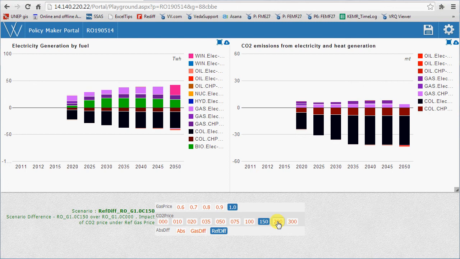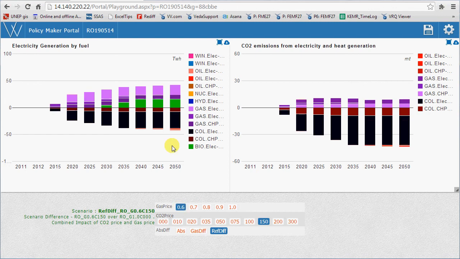And then you can see that at this price, what is the impact of cheaper gas. So you see that if gas were cheaper, then instead of offshore wind, actually some gas turns out to be a part of the optimal solution. And as it becomes cheaper, of course, some biomass also goes out.